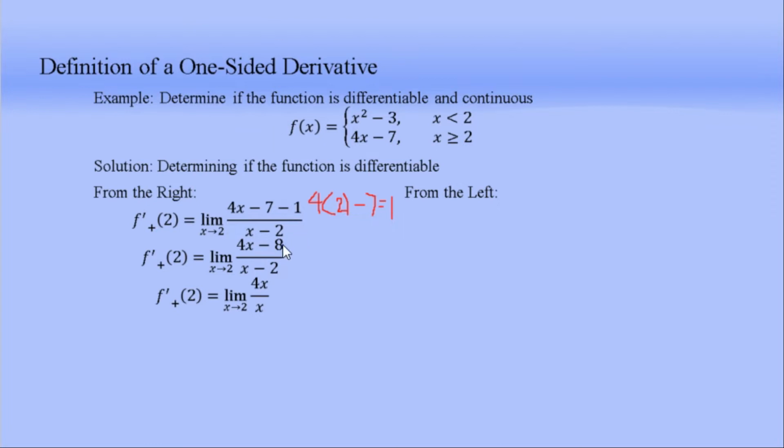Or the derivative of a constant is 0. So 0, 0, 4x over x. And then we can just cancel the x.